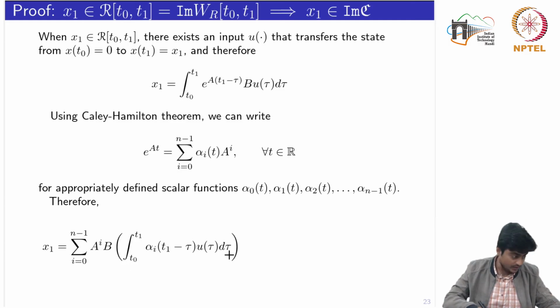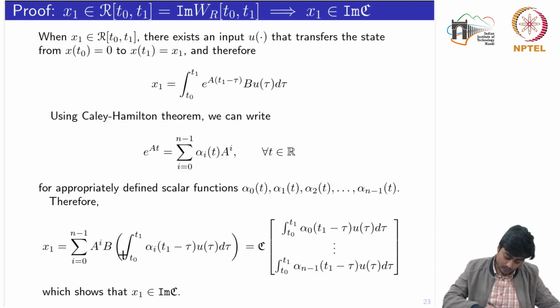Now see that if I open this summation, this whole part, A to the power i times B, would appear as the controllability matrix, and the remaining terms would become a vector of these alpha functions. I just wrote this summation in the form of a matrix.